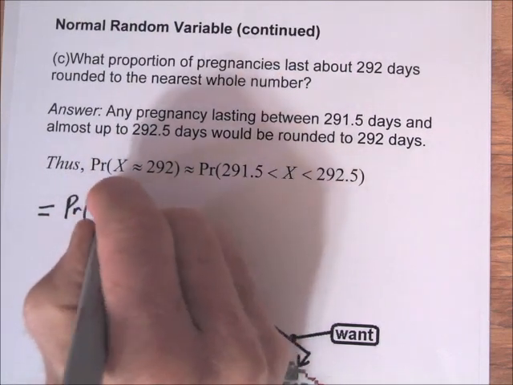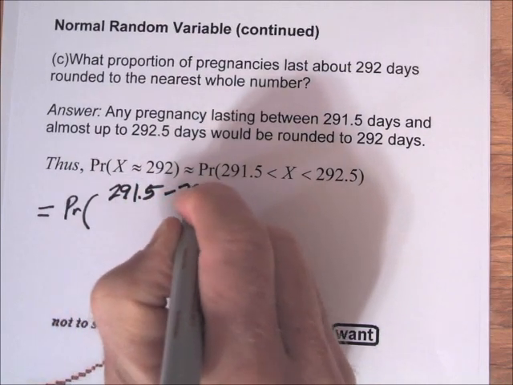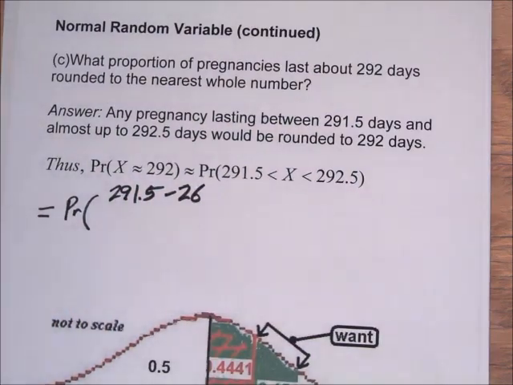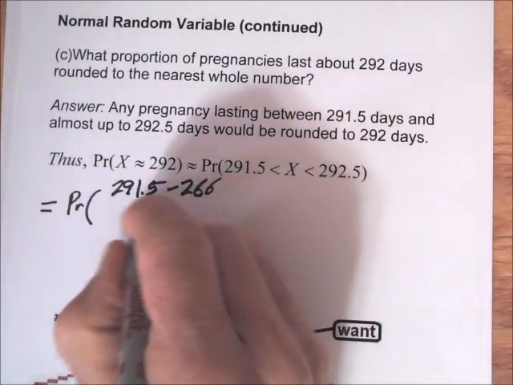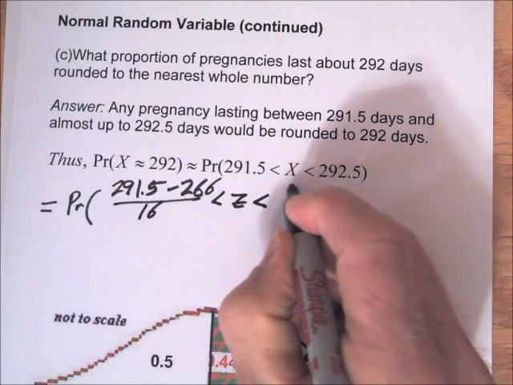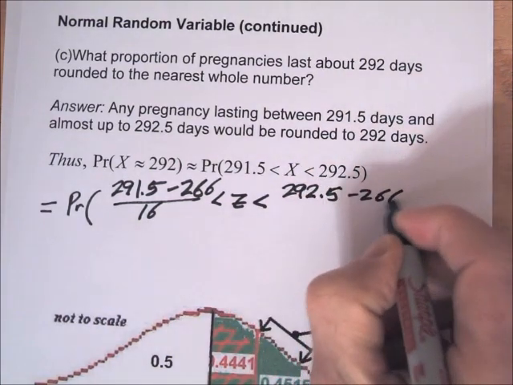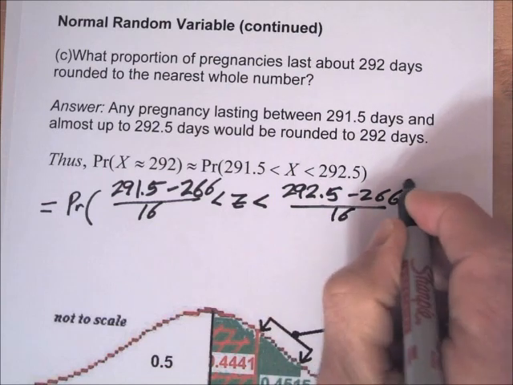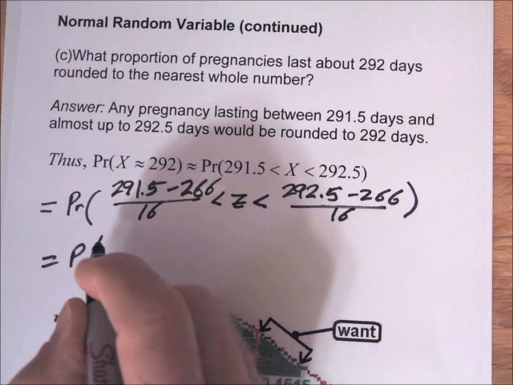So it's 291.5 minus 266, divided by 16, less than Z, less than 292.5 minus 266 divided by 16. So we convert both of those into z-scores.